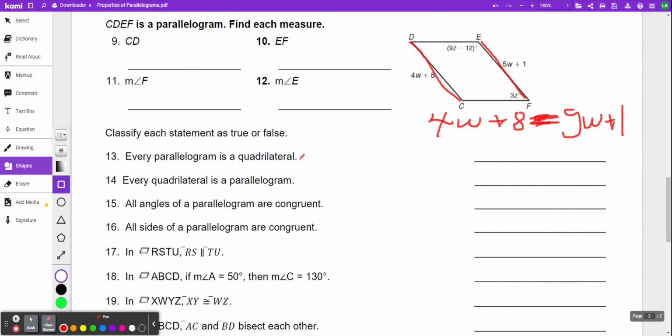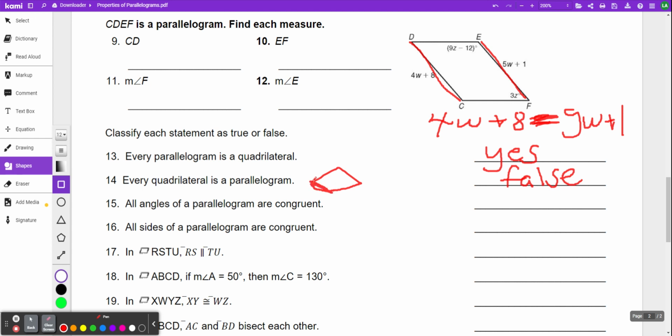Every parallelogram is a quadrilateral. Yes. True. Every quadrilateral is a parallelogram. False. Whenever you say something is false, it's nice to provide a counterexample. There.